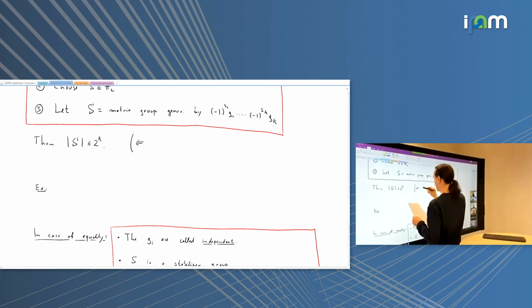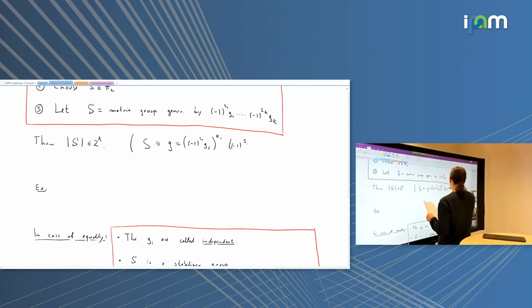So an element of S is of the form, right, (-1)^S1 G1 to some power X1 times (-1)^S2 G2 to some power X2, and so on. But again, these things square to 1.